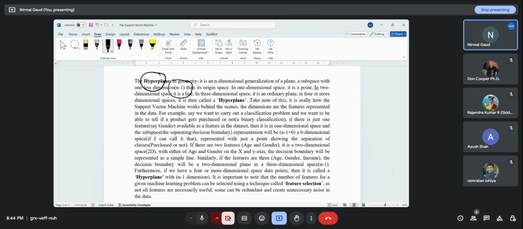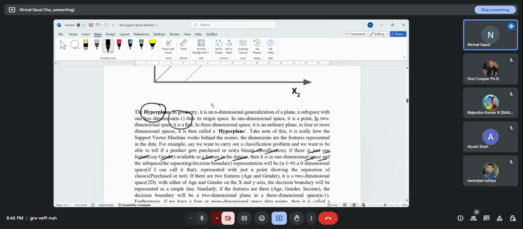Okay, if we need to carry out binary classification, there, if there is just one feature, gender, available in the dataset, then it is in one dimensional space, and a point can be used to classify. Okay, so for only one dimensional data, a point can be used to separate.